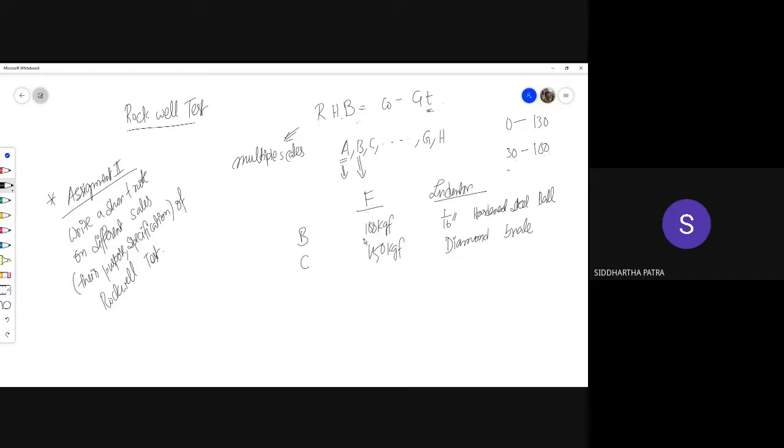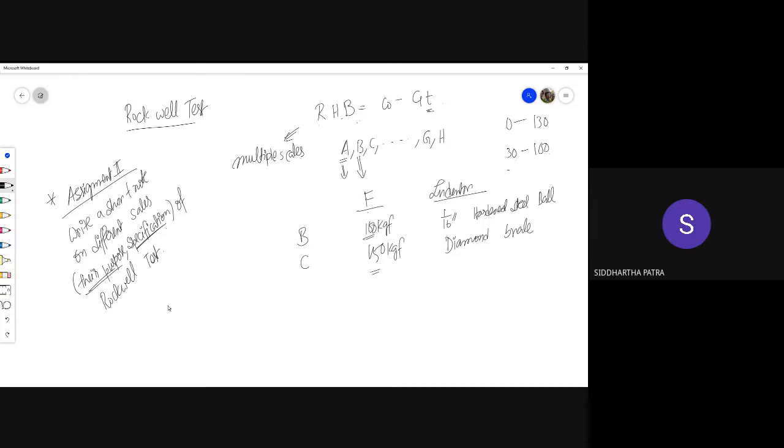So simply by looking at the specification, you know which of these scales is meant for hardened material. I'm just giving you the example of two scales, but list as many as you find over the internet. I need you to list all the different scales, the specifications, and you should also explain what is the purpose of having multiple scales in the Rockwell test.